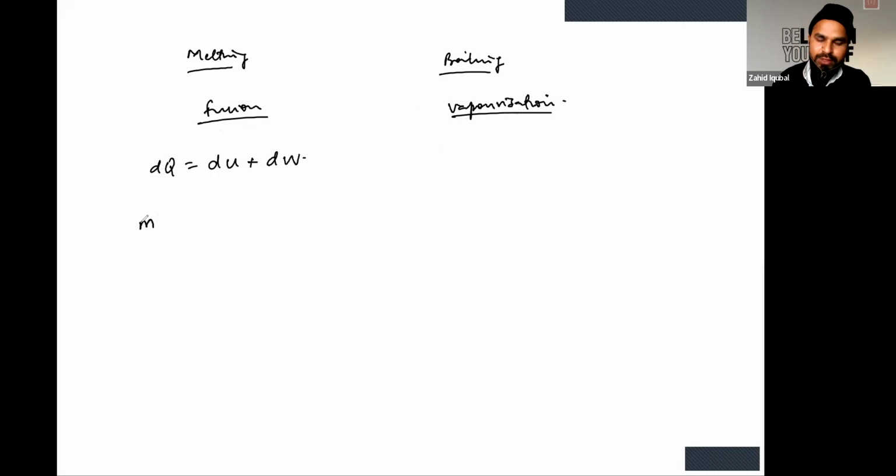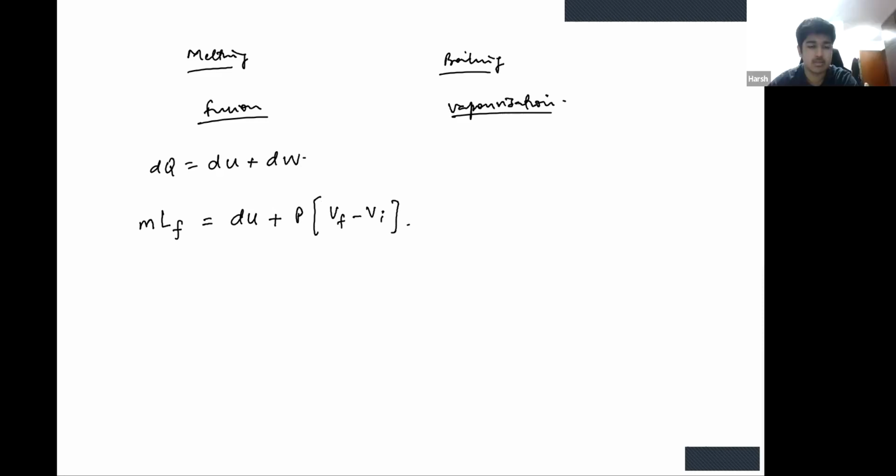So mass of substance times latent heat of fusion is equal to the change in internal energy we can calculate, and work done is simply pressure times change in volume, that is V final minus V initial. And this pressure will be just 1 atm. Is it clear? Yes, sir.